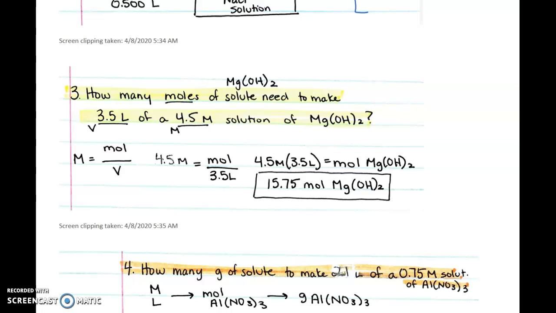And I can just leave it right there because they're asking me how many moles. That works out to 15.75. Using the same equation, just finding something different. Before we were trying to find molarity, big M, now we're trying to find moles.